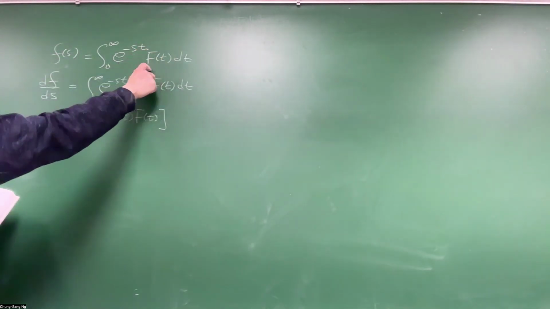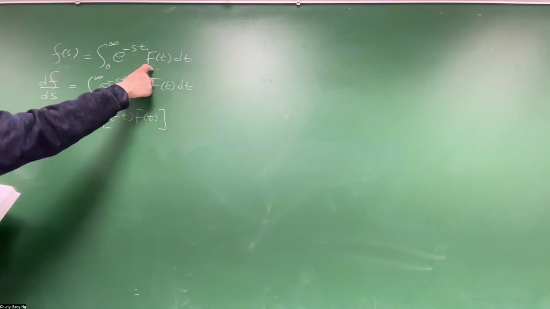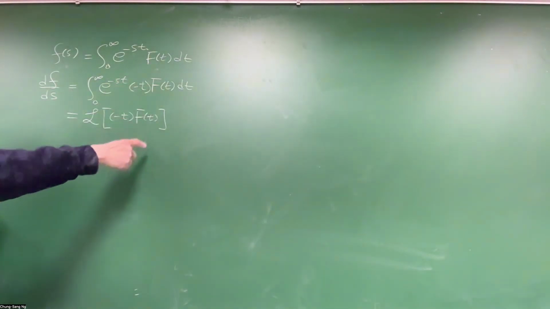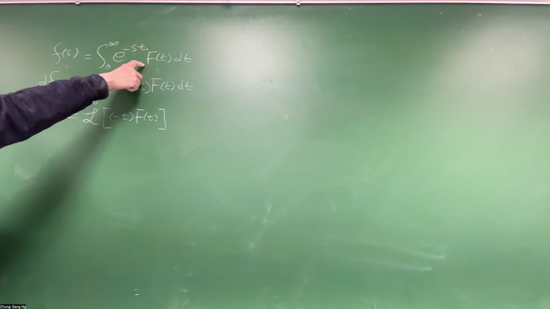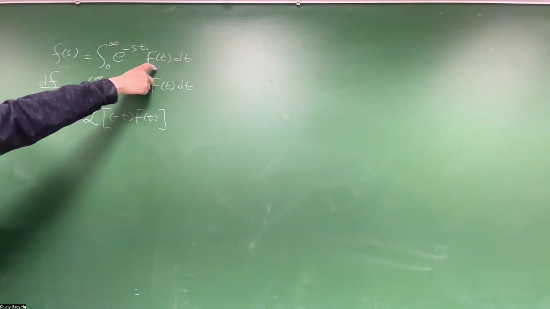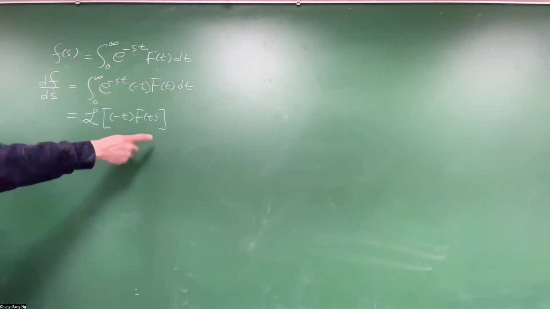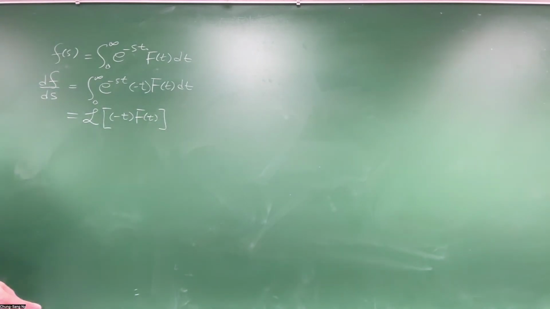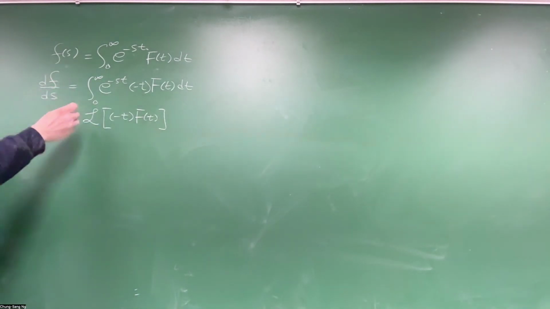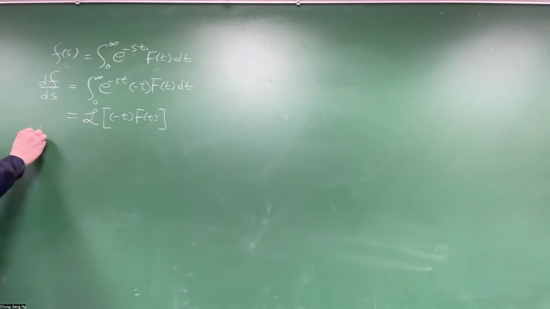So if you know the transform of a certain function f, but not the more complicated one, like a certain power of t multiplying f, then you know the transform of that function by just taking a derivative. And this is just one derivative, and obviously you can take n derivatives.